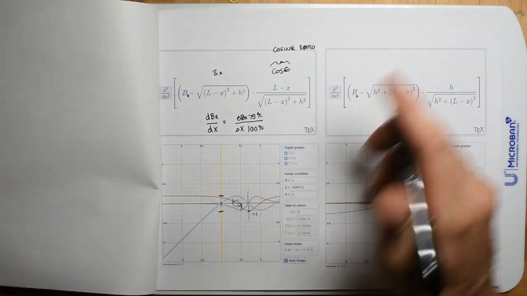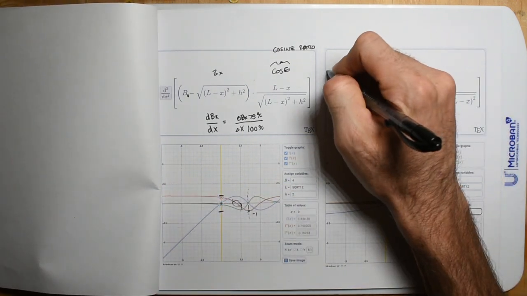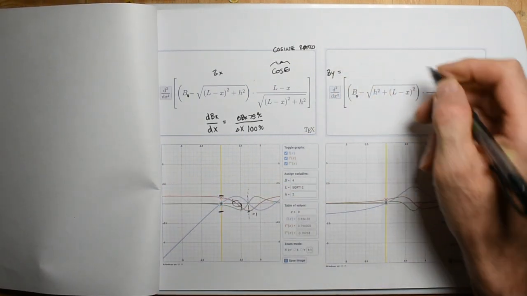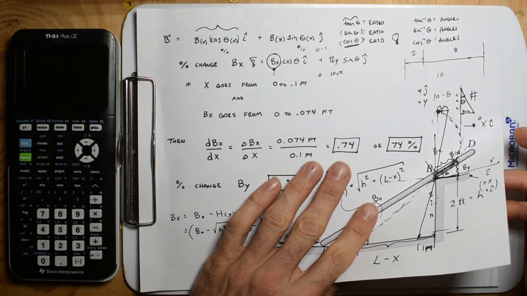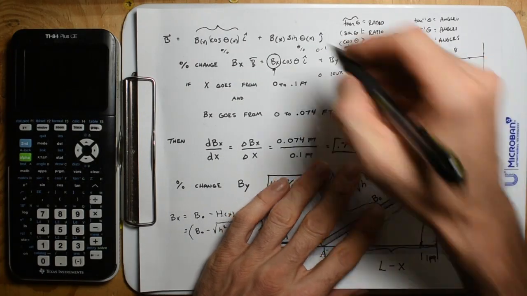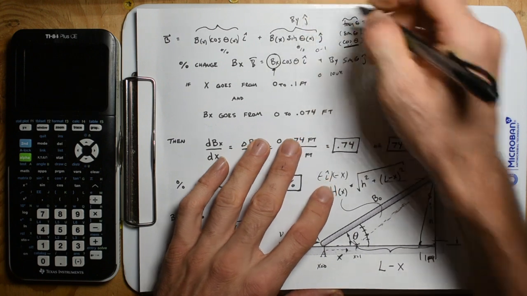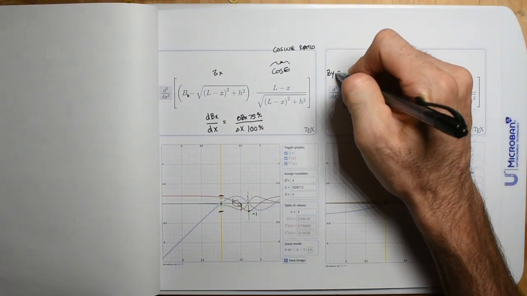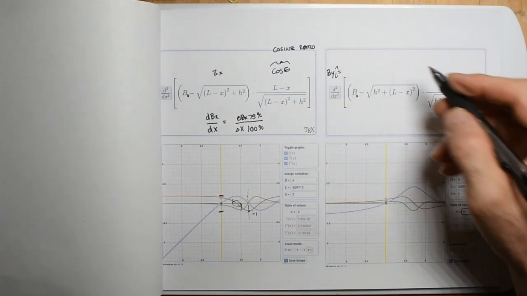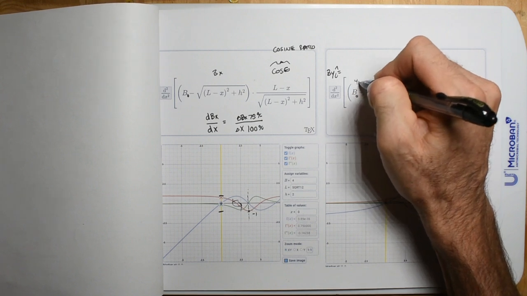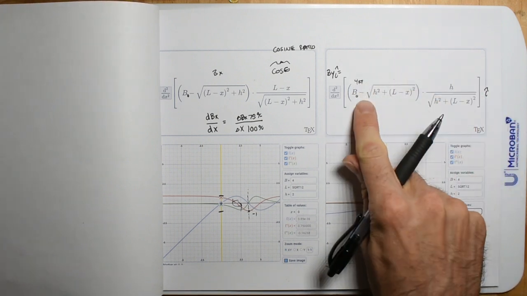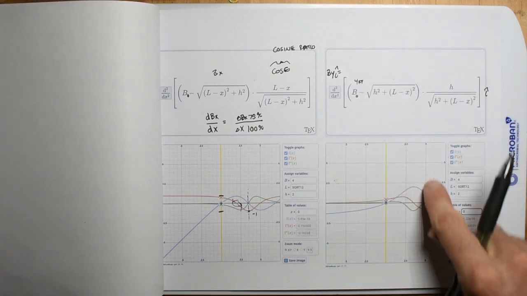So let's go over here. This whole thing represents by. So by, in the j hat direction, is the initial length of 4 feet, b, minus, so let's do our imaginary triangle.